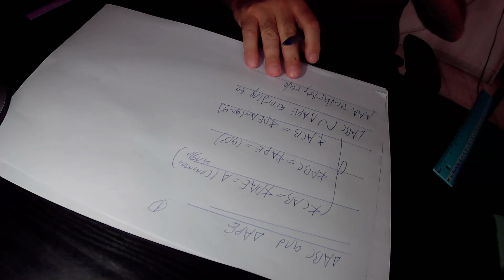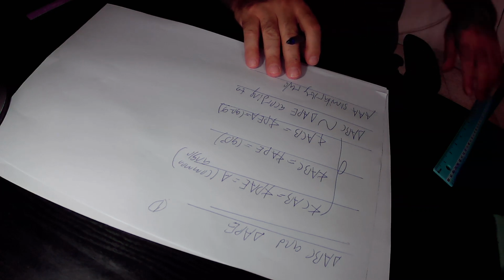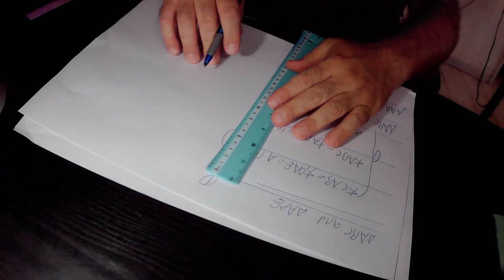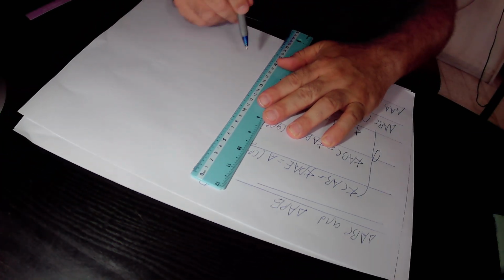And from the fact that the right big triangle ABC is similar to the right small triangle APE, we will derive that the following relationship exists between their sides.